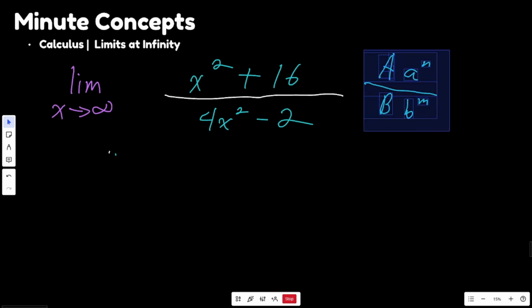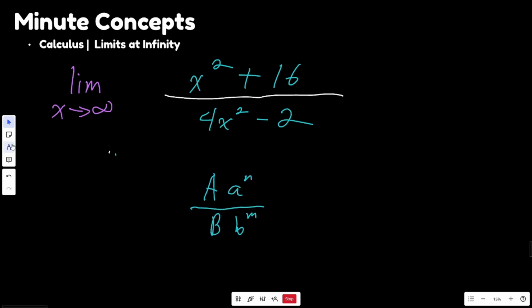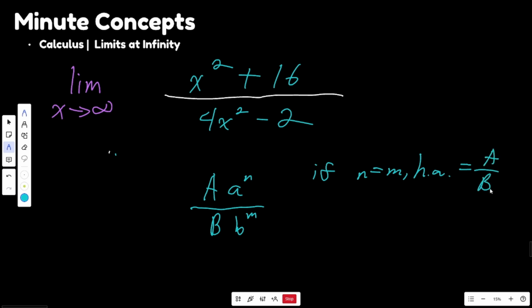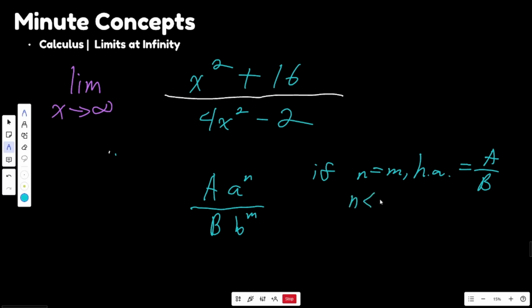According to GenMath, if the degrees are equal, if n is equal to m, then the horizontal asymptote is equal to a divided by b, their coefficients divided by one another. Now, if n is less than m, the horizontal asymptote is 0.